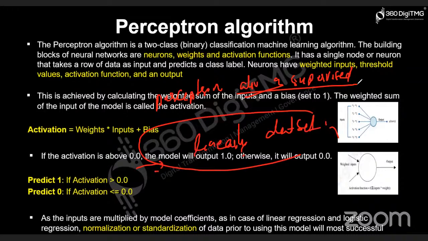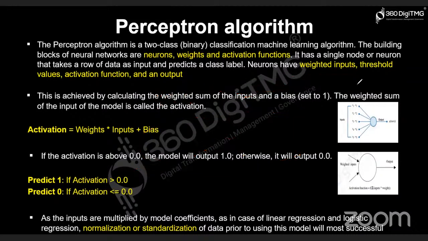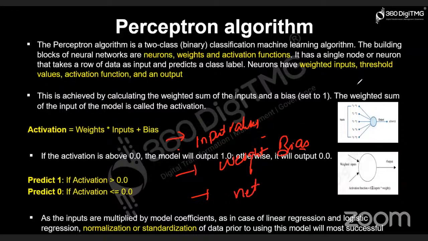In perceptron, mainly we'll be having these components: input values, weights and bias, net sum, and activation function.